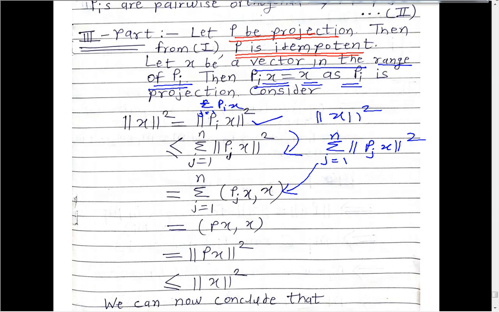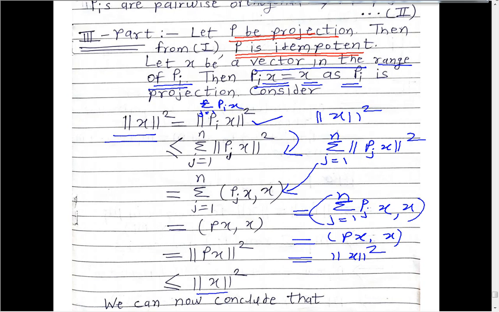So this I could write as the inner product of the sum of Pj x with x. That is nothing but the inner product of Px and x, and that equals again norm of x square. So if you observe, we begin with norm x square and we obtain that it is less than or equal to norm x square. So whatever arguments we have in between, all those will be equal.